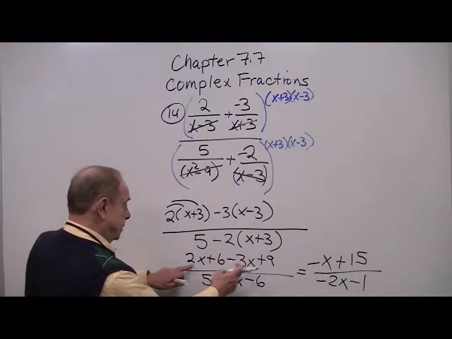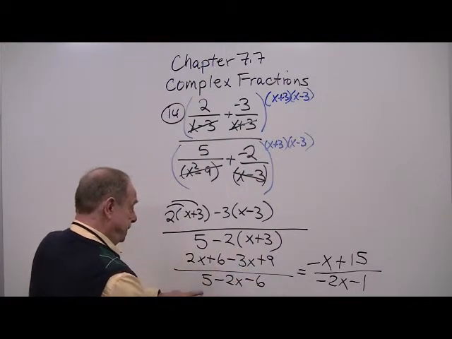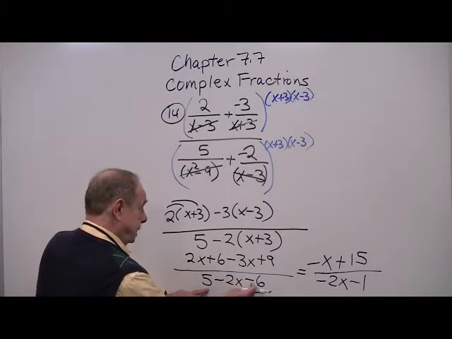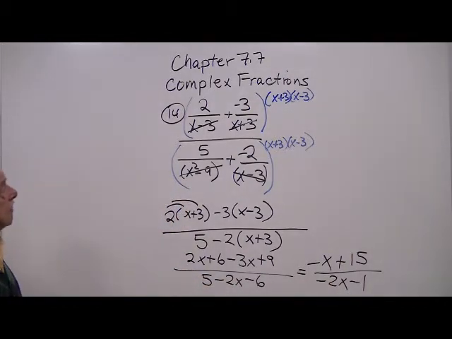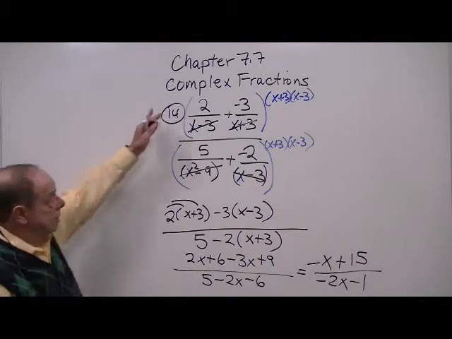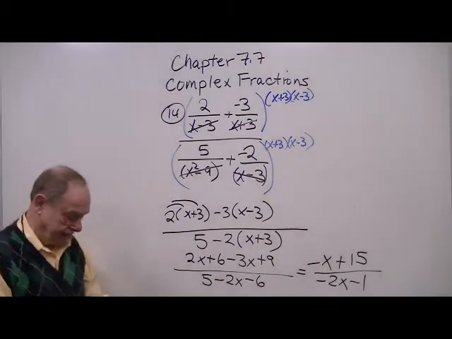So checking our work, this is a negative 1, positive 15, a negative 1, and a negative 2. So from all of this, we end up with something like that.